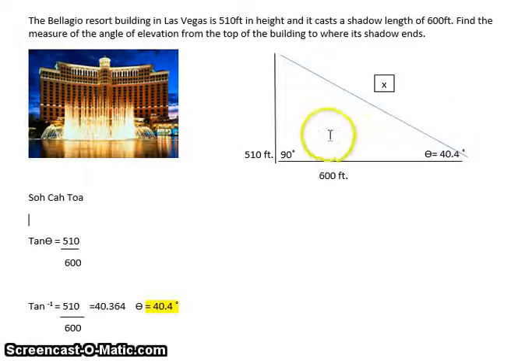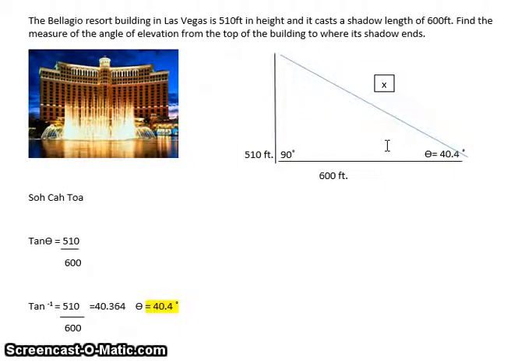Since you figured out that this equals 40.4, and this has to be 90 degrees because it's a right triangle, you would add these two up. 90 plus 40.4 would give you 130.4, and so you would subtract that from 180, because 180 has to be the degrees of a whole triangle.